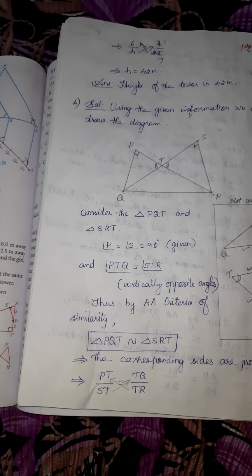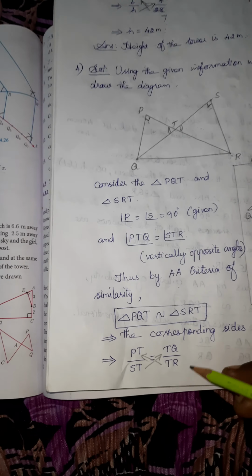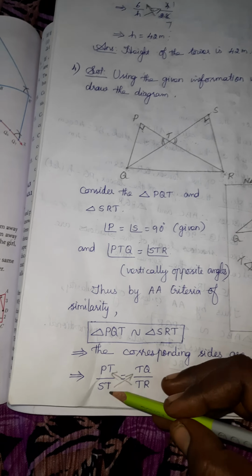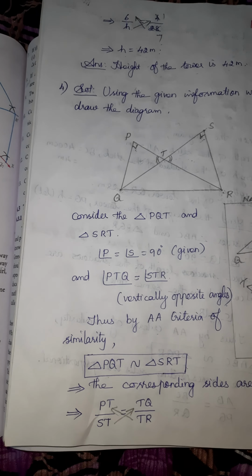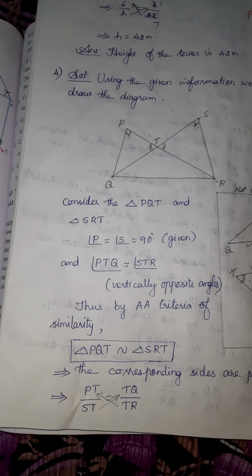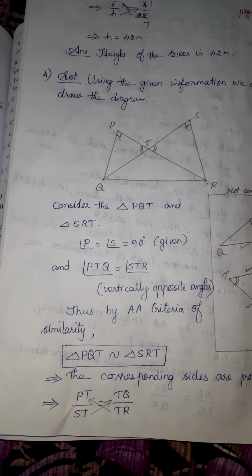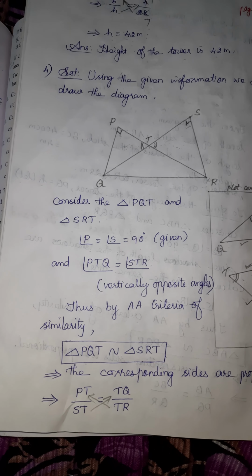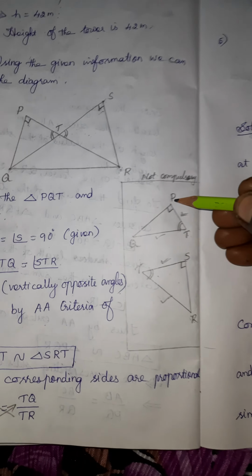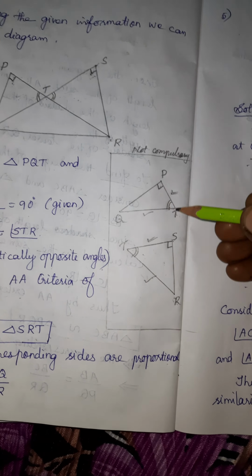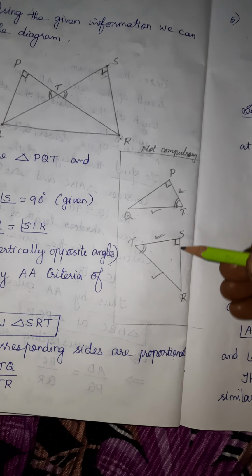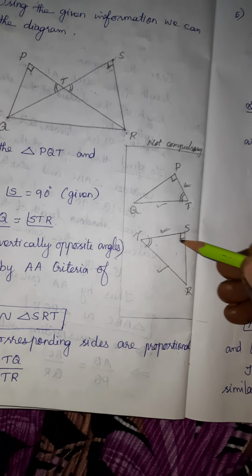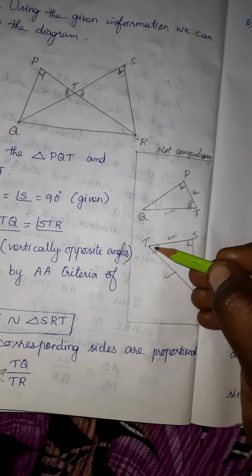Now, since the sides are proportional, we can choose the ratios. Look at the side PT: one vertex contains the 90 degrees, another has the equal angle. P has the 90 degrees and T has the equal angle. Likewise ST: S is 90 degrees, T is the equal angle.